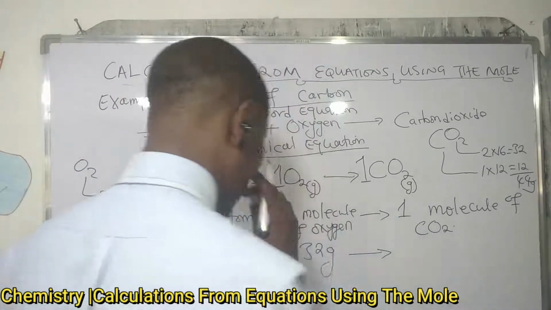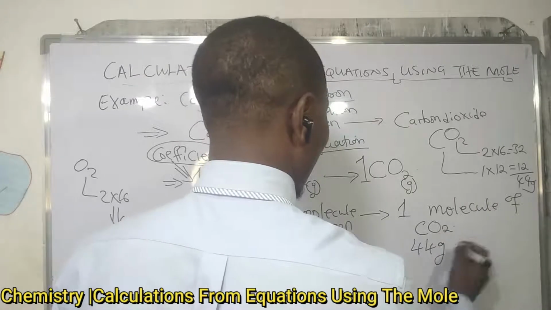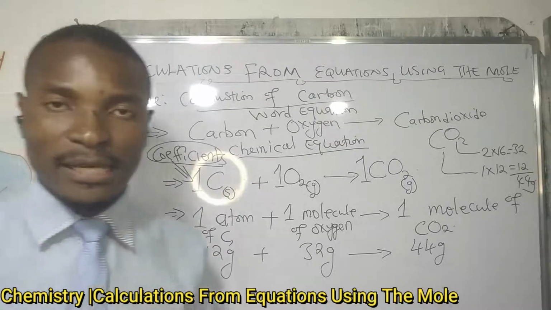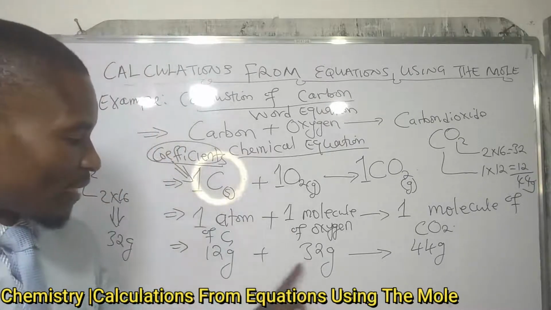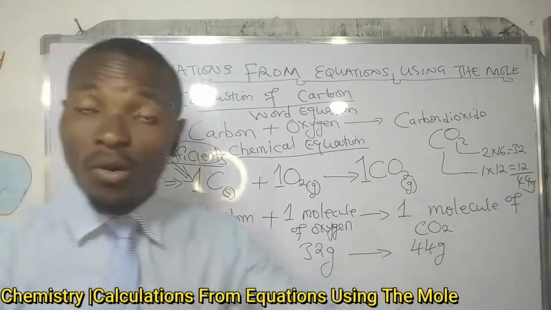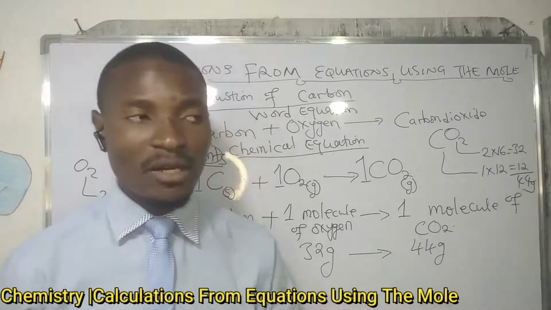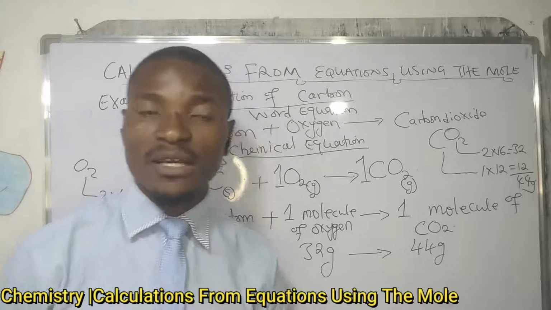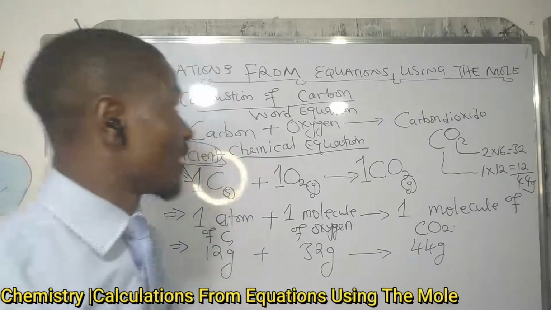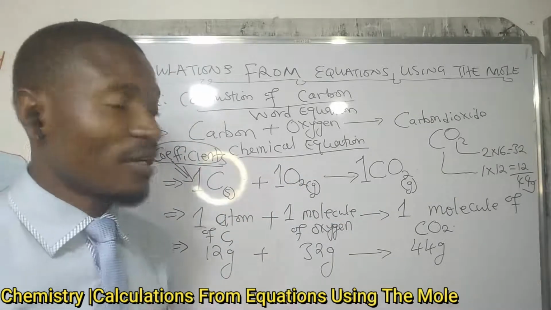So when we add 12 plus 32, you get 44, because the equation is balanced. We can now start manipulating and calculating the number of moles, and so on. That's how we use calculations from an equation using the mole concept.